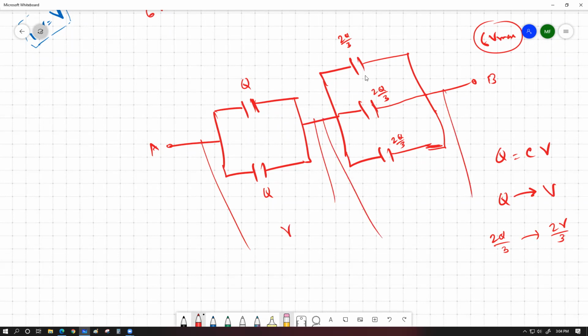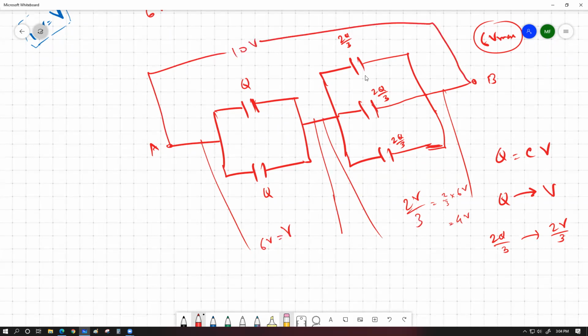This part should have 2V by 3 volts across it. These are maximum voltages because this is obviously smaller. This is a proper fraction. So this one should be 6 volt. This one should be 2/3 into 6 volt, which gives you how much? 4 volt. In total you're going to have 10 volt.